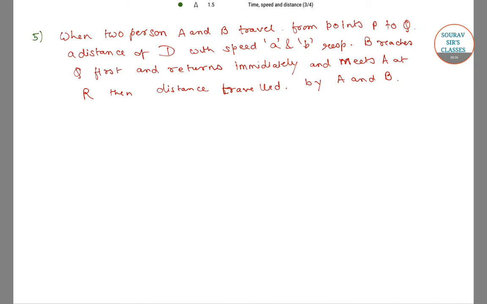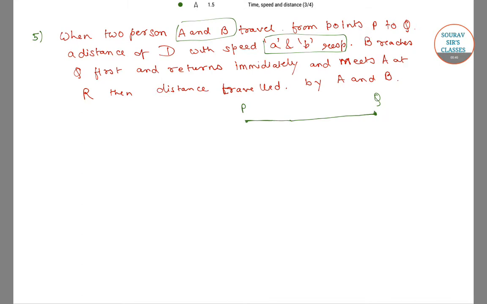Here, suppose there are two persons A and B who are traveling from point P to Q. Let this be the point P and this be the point Q. They are traveling with the speed A and B respectively.